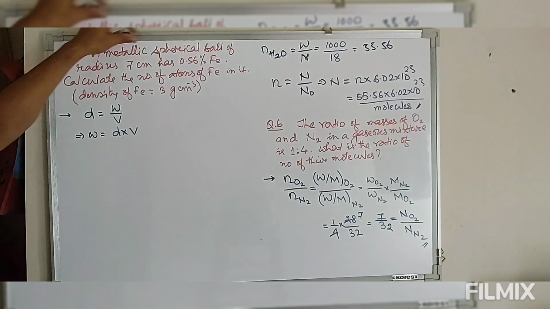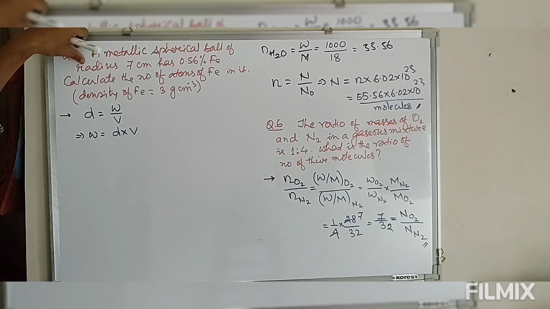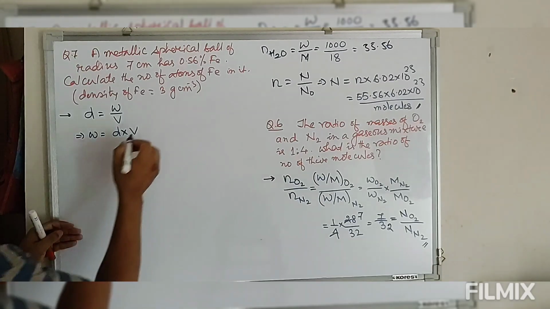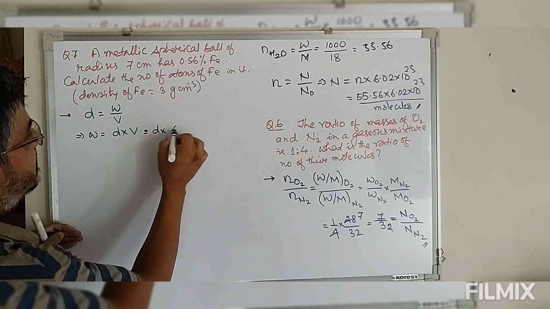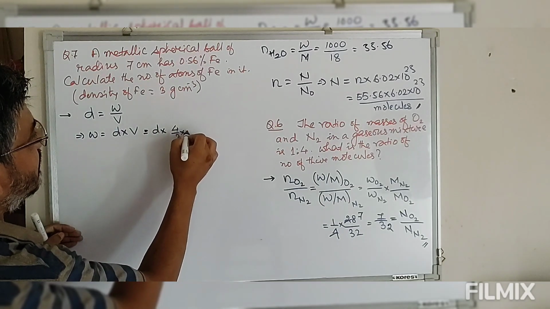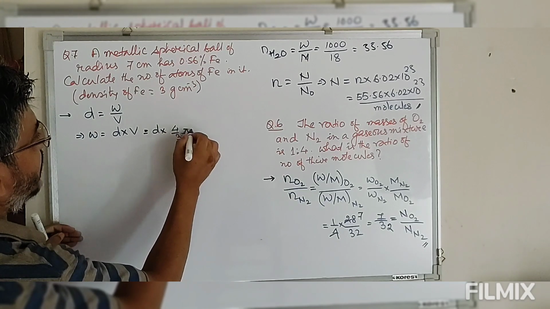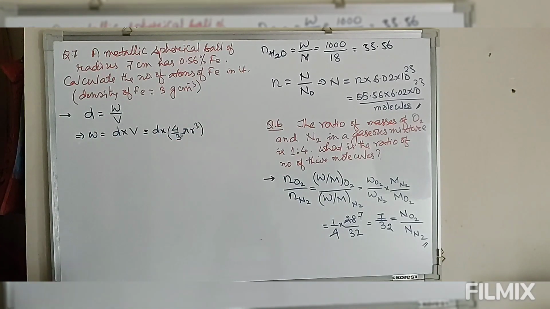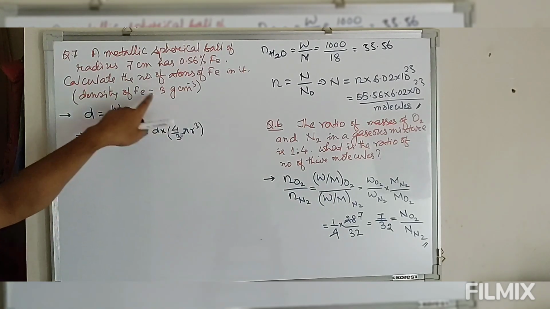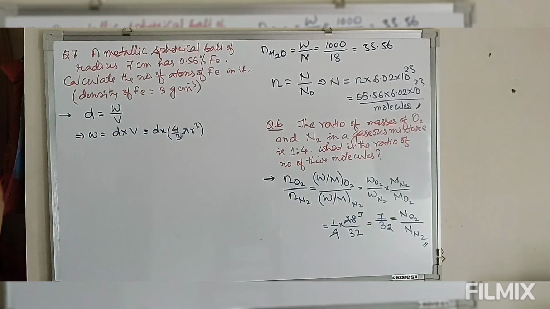Now look at this, we are given a spherical ball, so for a sphere, mass is density into volume. Volume is 4/3 pi r cube. This is the volume of a sphere, where r is the radius, which is given as 7 centimeter.